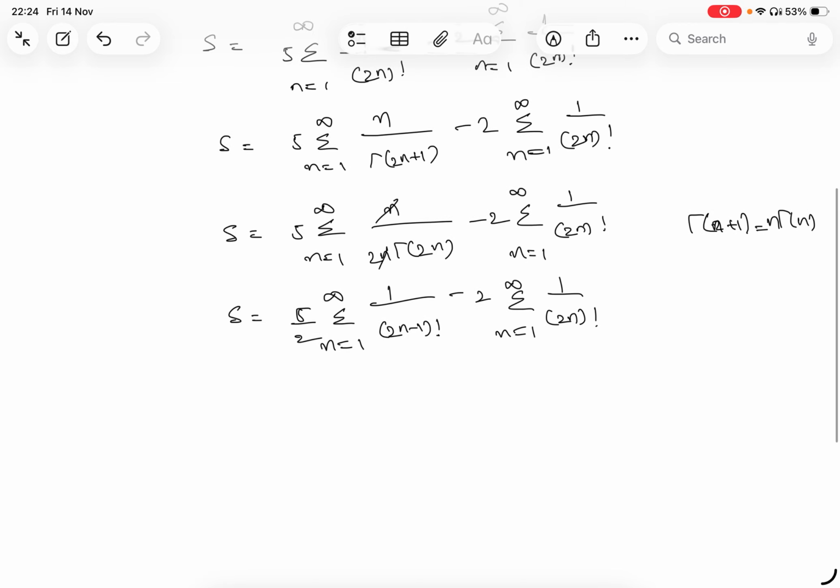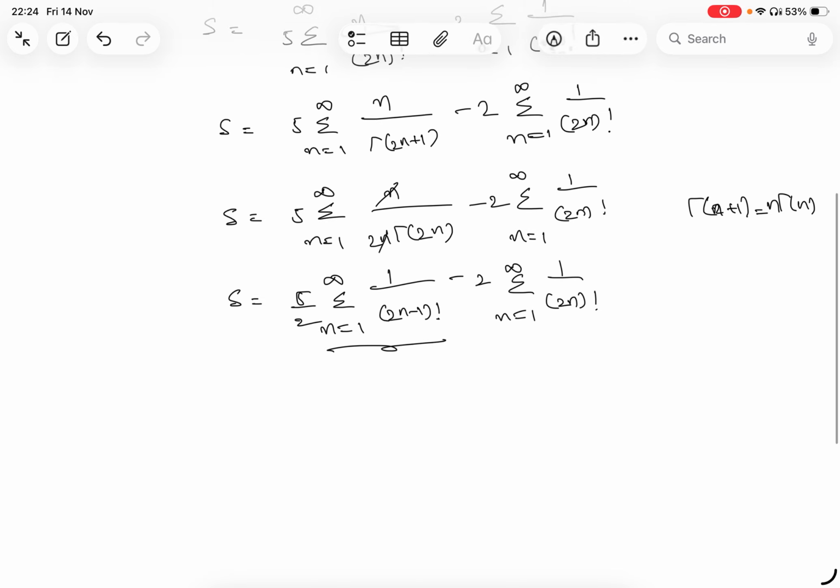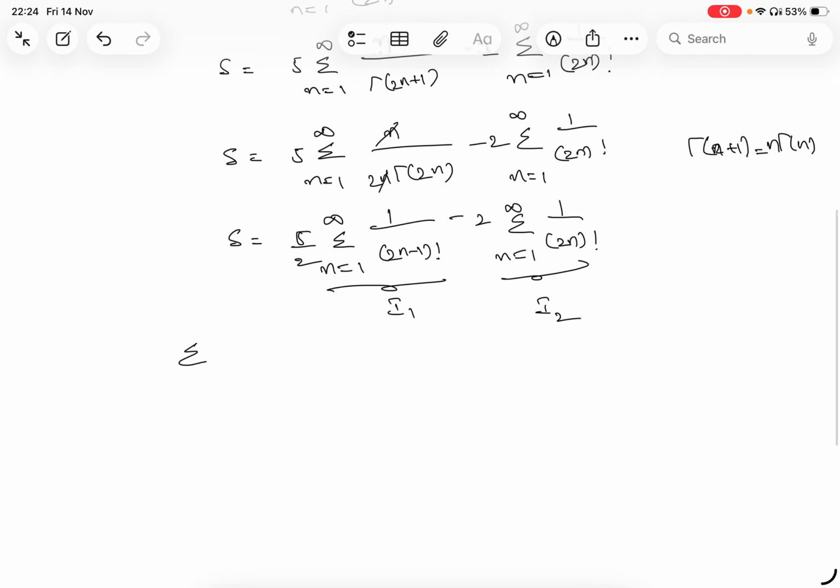Now let's solve this case. How does it look? Let's expand this summation. This is I1 and this is I2, fine. Now I1 is summation n equal to 1 to infinity 1 by 2n minus 1 factorial.